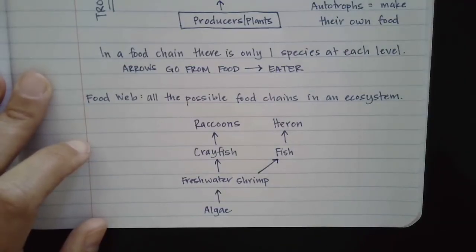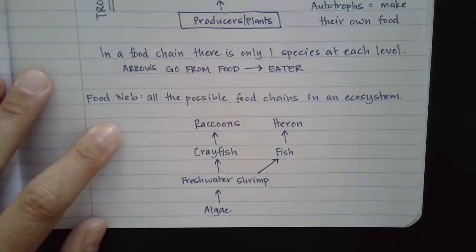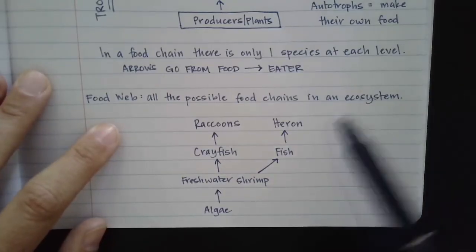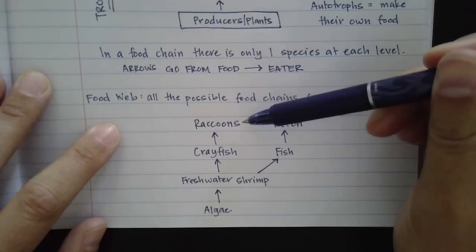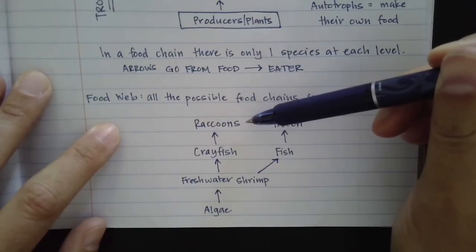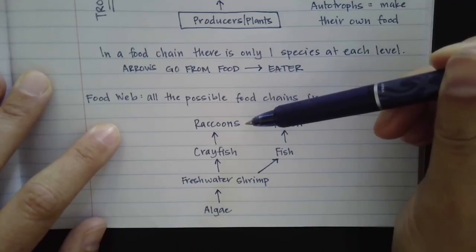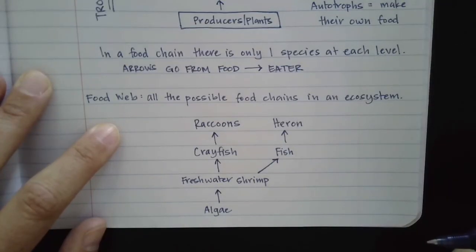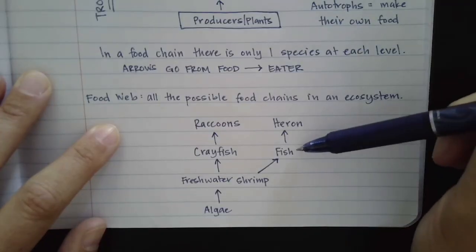So a couple of questions for you to see if you can put all of this together. What trophic level are my raccoons in? Hopefully you said tertiary consumers. What trophic level are my fish in?